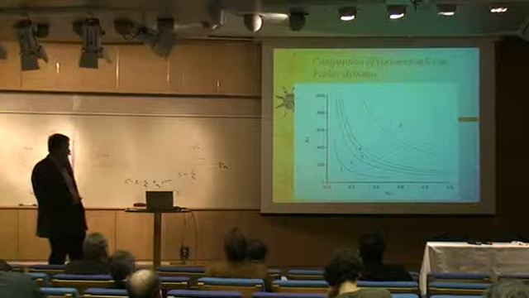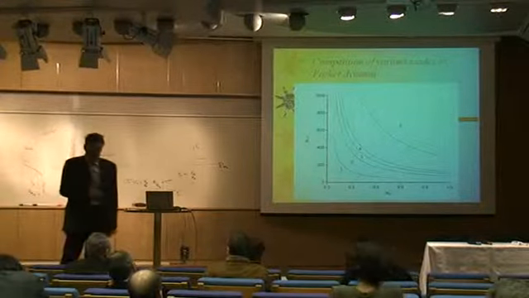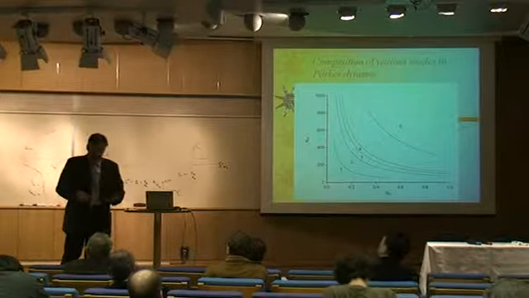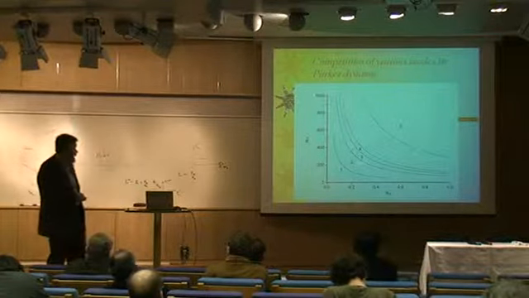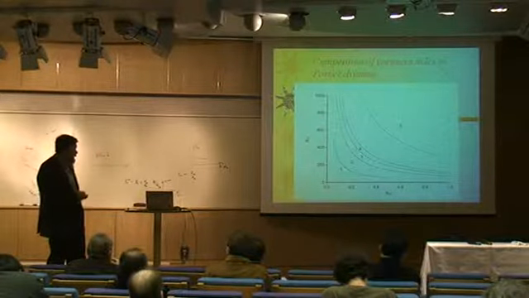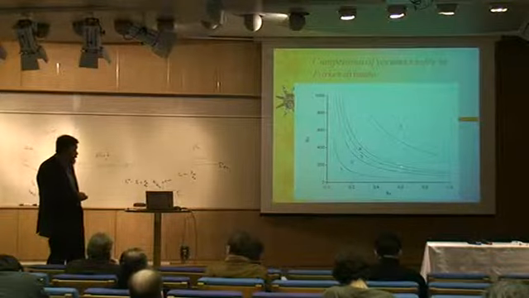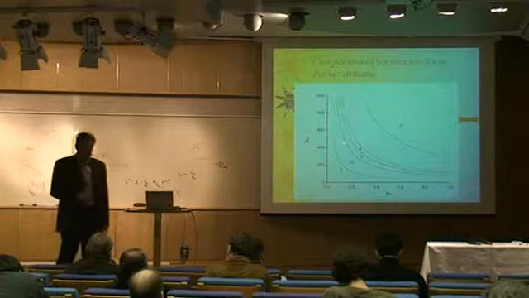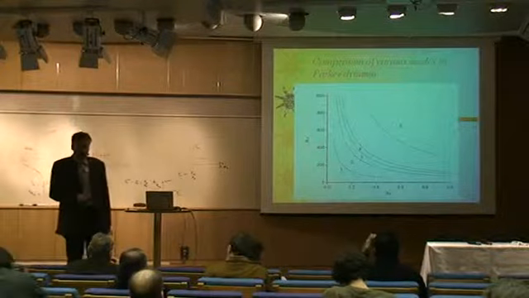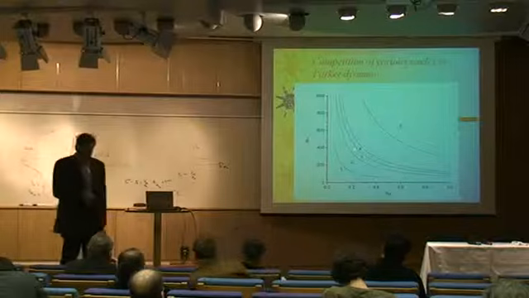What is more important, here you have an area of steady growing solution, which is stabilized to a steady solution. And here you have an area of what is known as oscillations.